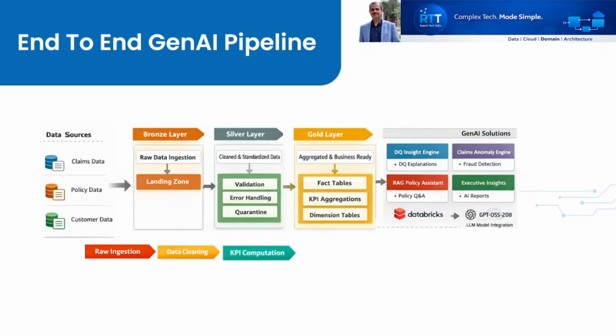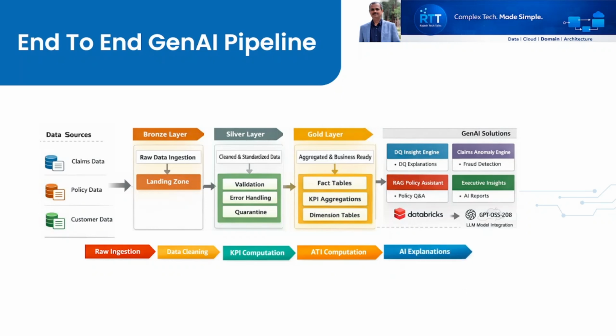After that, there is KPI computation, or aggregations happening, which is why the gold layer is created. Also see there is AI computation, which tells us that the AI based data is being consumed and the AI applications are being made.